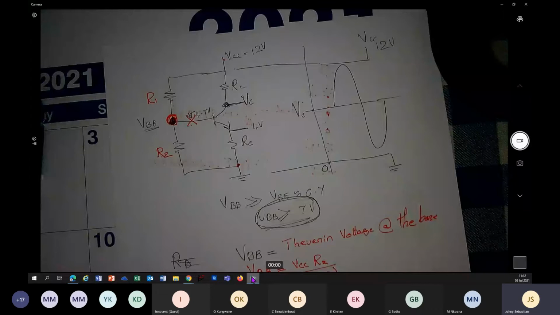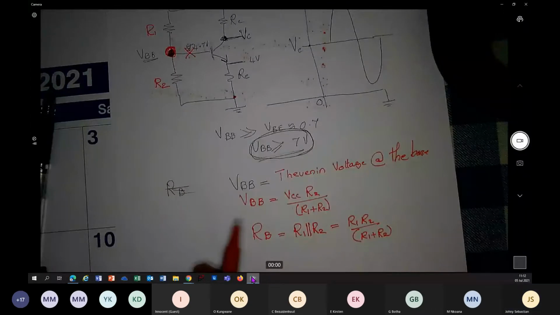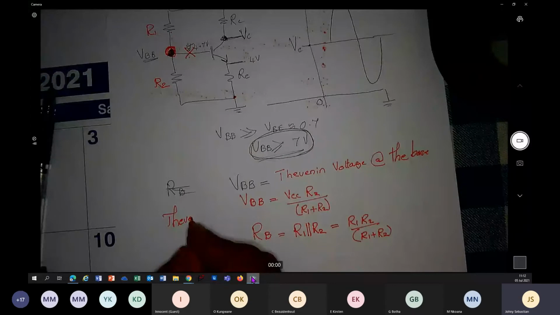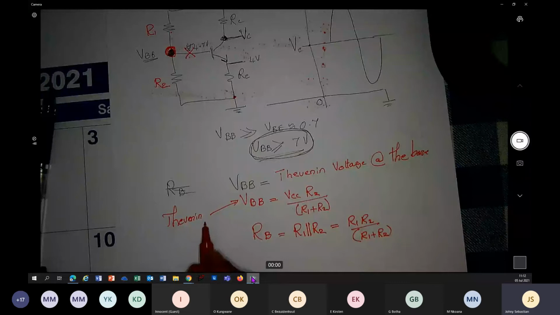R1 parallel R2 is R1 R2 divided by R1 plus R2. Okay, this is Thevenin voltage. This is Thevenin resistance. Thevenin voltage and Thevenin resistance are seen at the base. Okay, now we are going back to the slide.